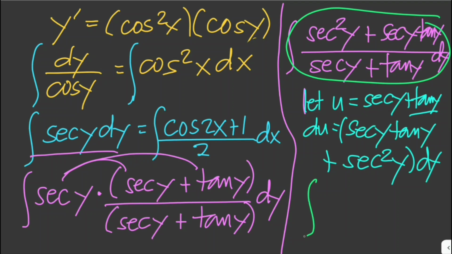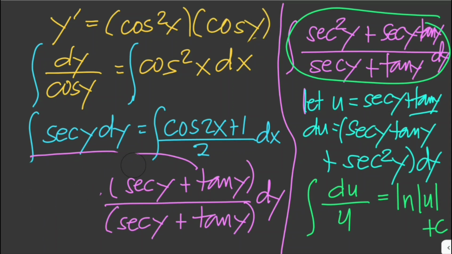Now we can plug in u and du into this equation. So this would become the integral of du over u. The integral of 1 over u du is just equivalent to ln of u plus the constant. And now we need to plug back in the value of u.